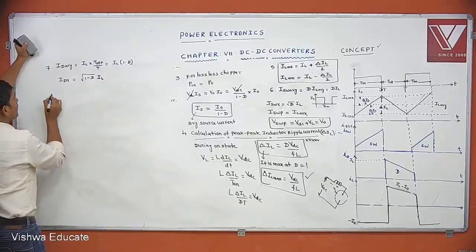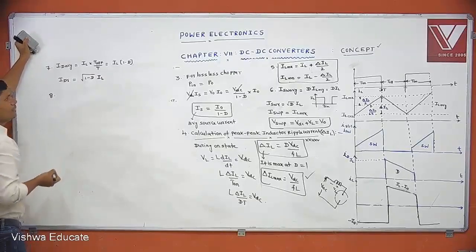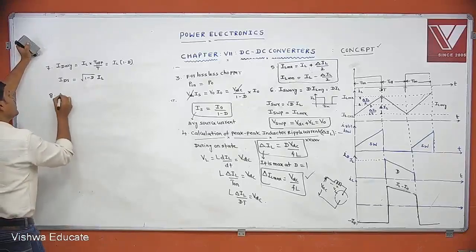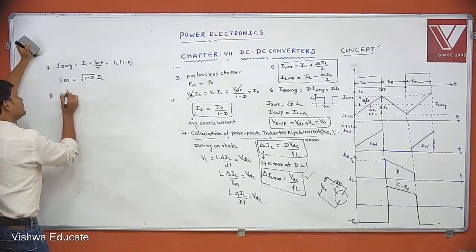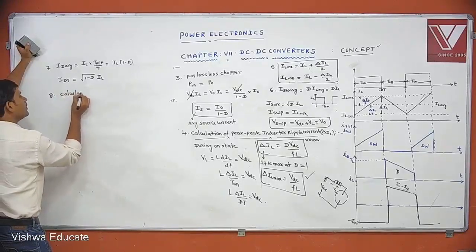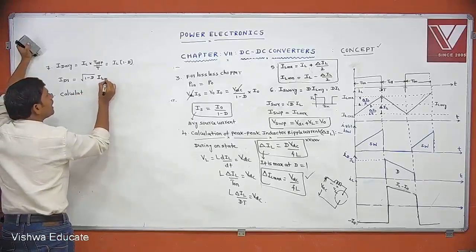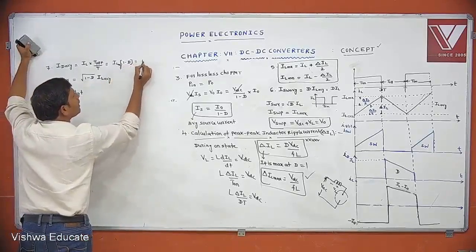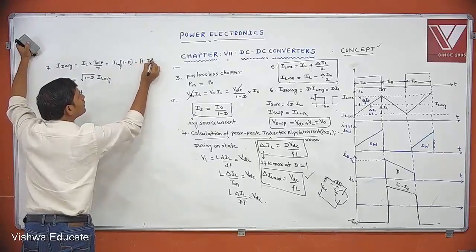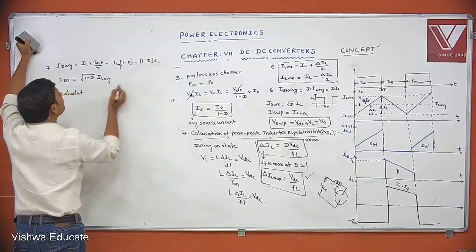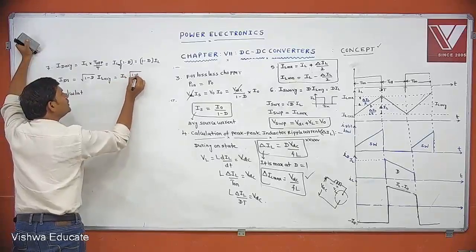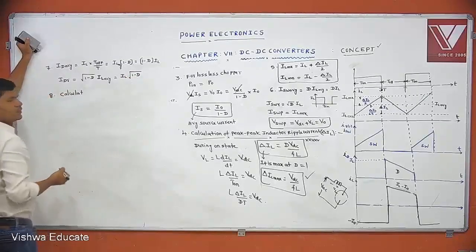Next, the eighth one. Calculation of peak to peak capacitor ripple voltage. IL average is nothing but IL. So IL into square root of 1 minus D. Don't confuse.